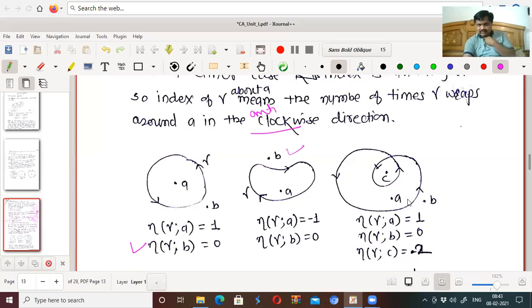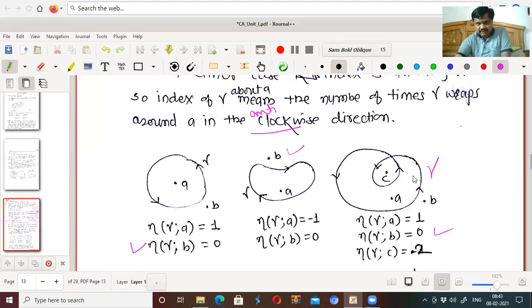Similarly here, for this curve, how many times does gamma revolve anticlockwise about A? Only one time. How many times does gamma revolve about C? This one and this one, two times. So n(γ, C) is equal to 2. And what about B? The curve revolves about B 0 times, so it will be 0.